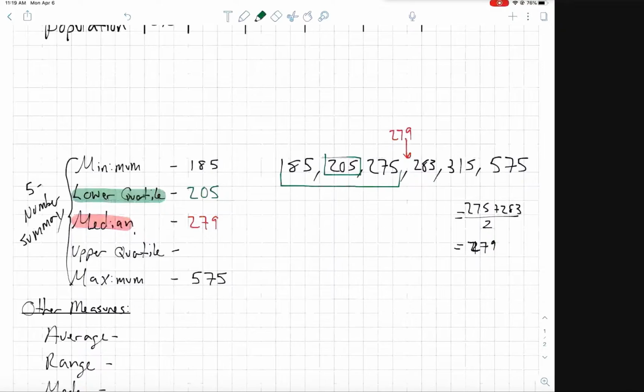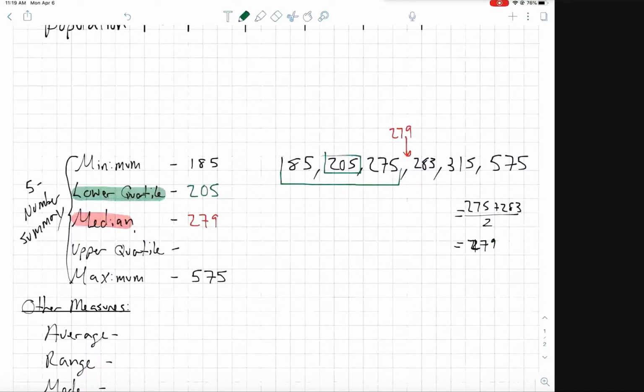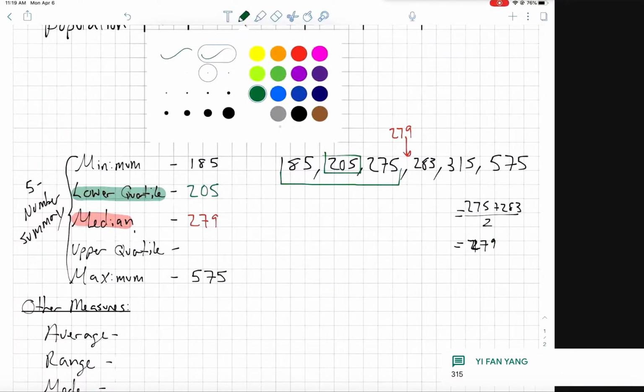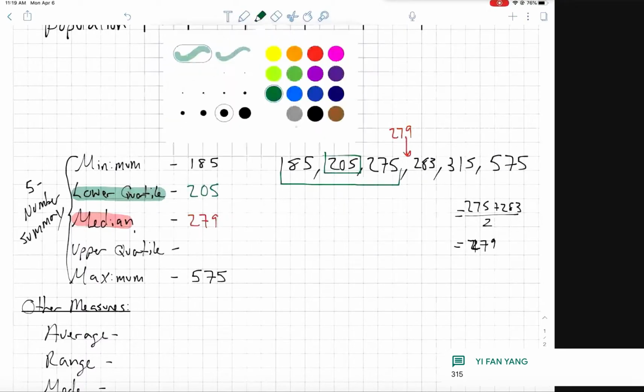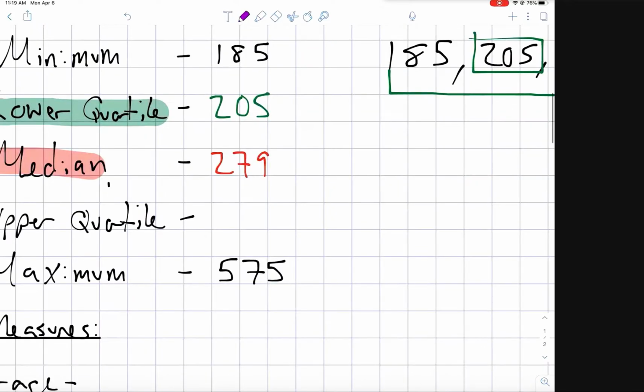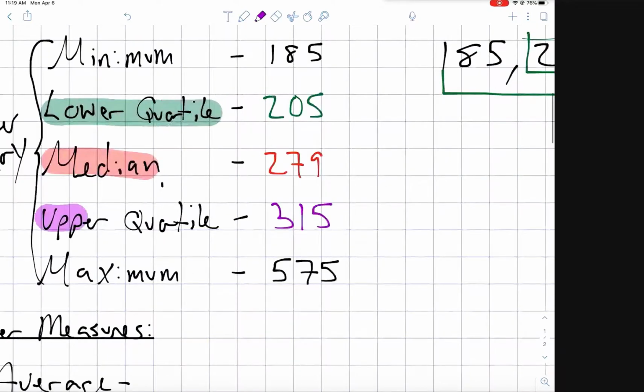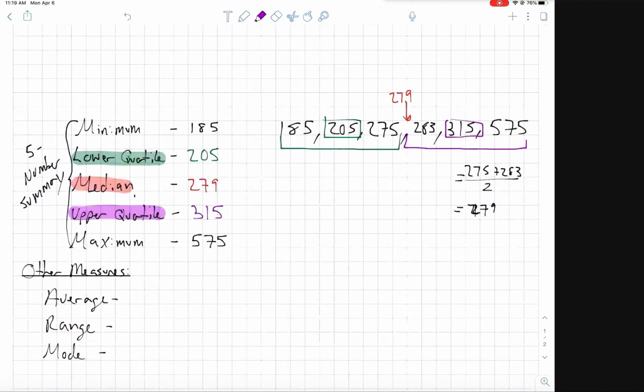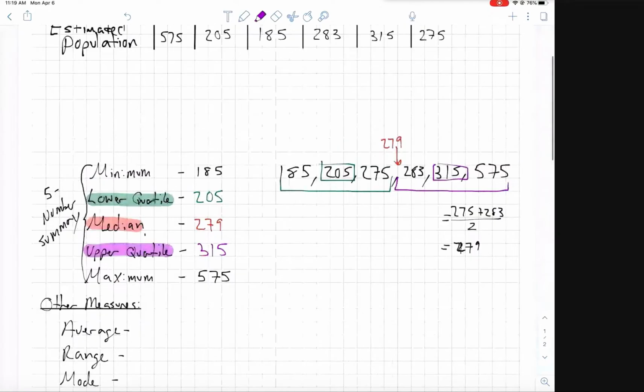Now we need to find the upper quartile. 315. Let's see. Start from the median, go to the max, look for the number in the middle, 315. Fantastic.